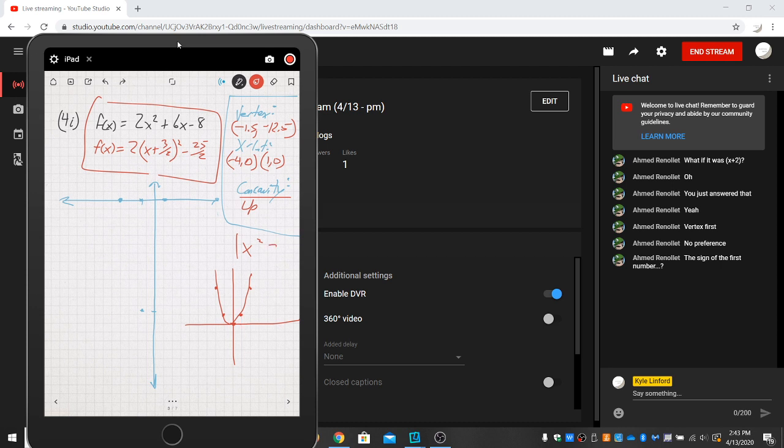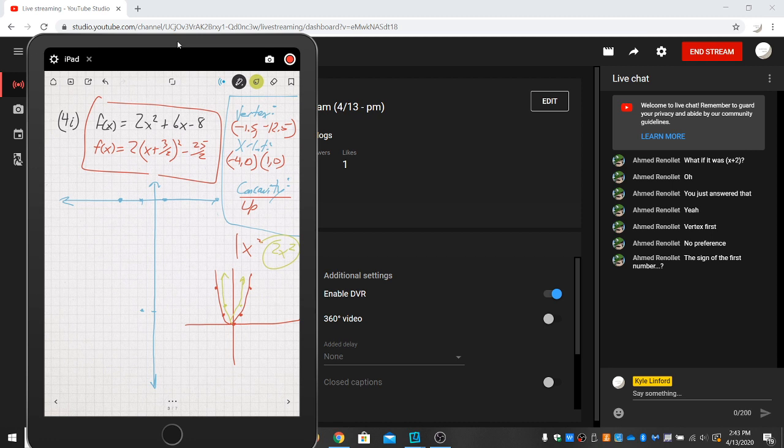If I had a 2x squared, let me do that in green. 2x squared means go over 1 unit and up 2 units. That alters the graph and makes it thinner. You can think of this almost like slope. It's not really slope, but it affects the dimension of the graph, how thick or thin it is.